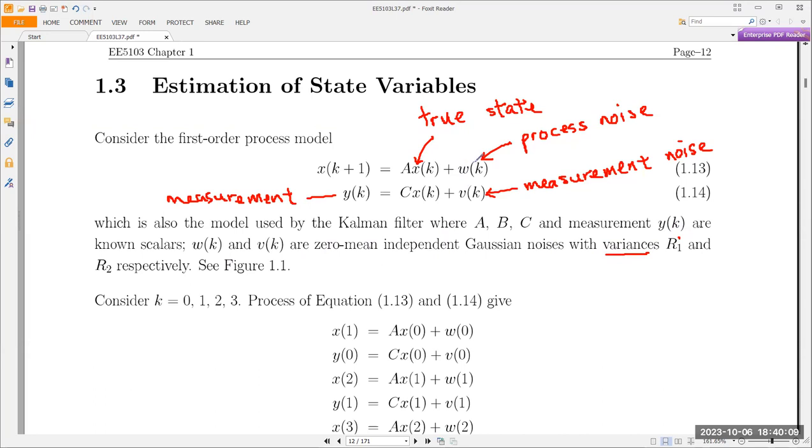R1 is the variance of process noise. R2 is the variance of measurement noise. And the noise in Kalman filter is always assumed to be Gaussian, independent, zero mean.